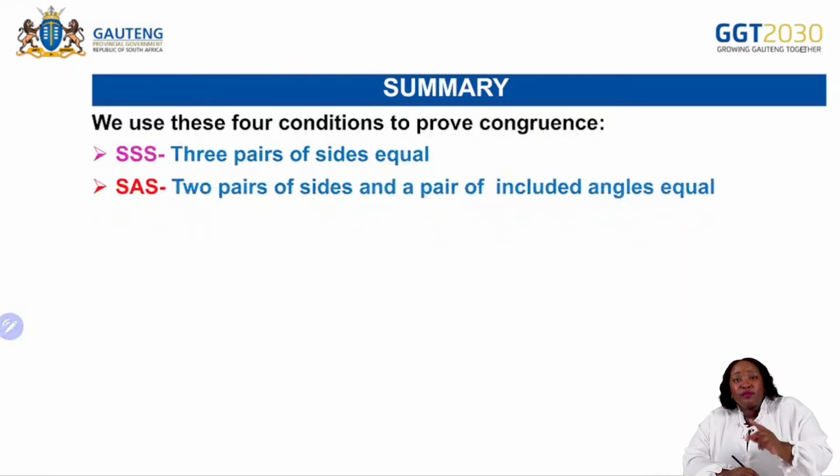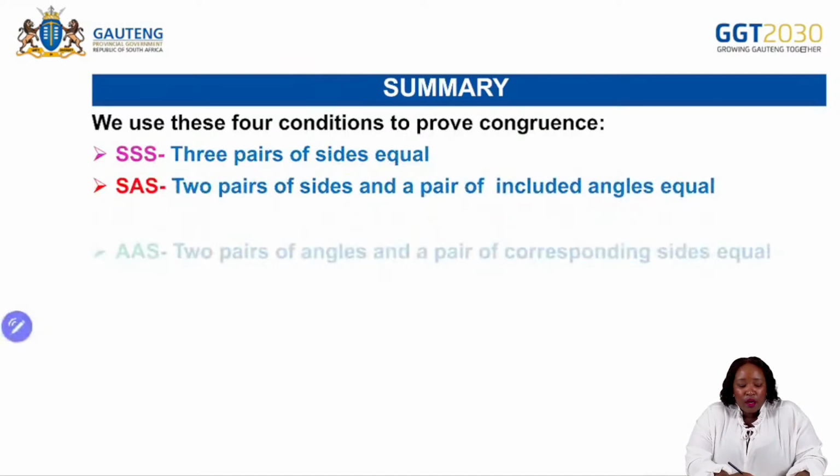The angles must be between the sides. That's very important because it's possible to have an angle and 2 sides but not have that angle between the sides, okay? And if that's the case, you cannot say that those are congruent, because one of the sides could be longer depending on how big the angle between the sides is. Make sense? Okay.